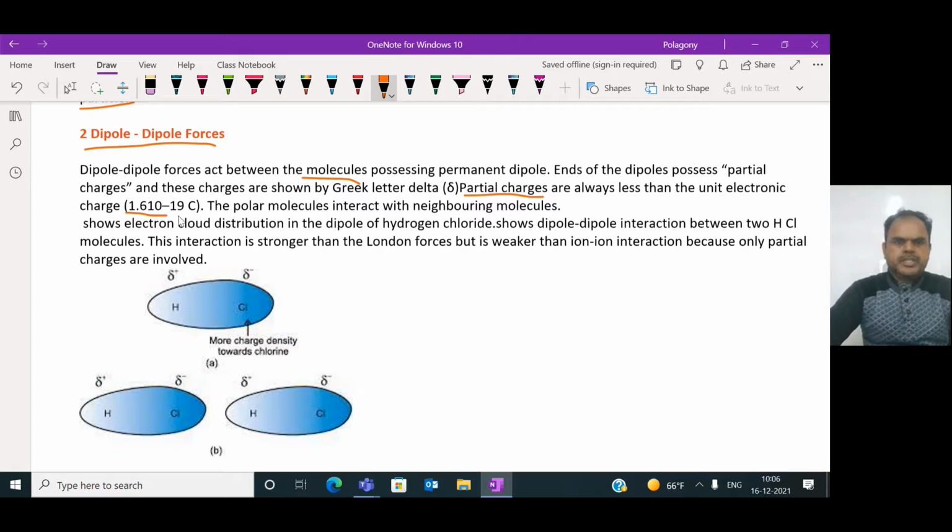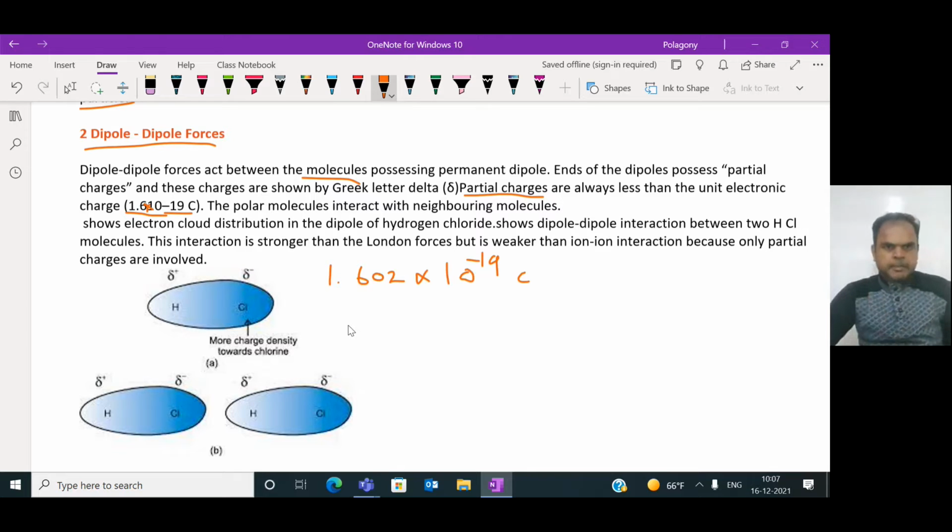The complete electronic charge is 1.6 into 10 to the power of minus 19 coulombs, that is the complete charge of that electron.